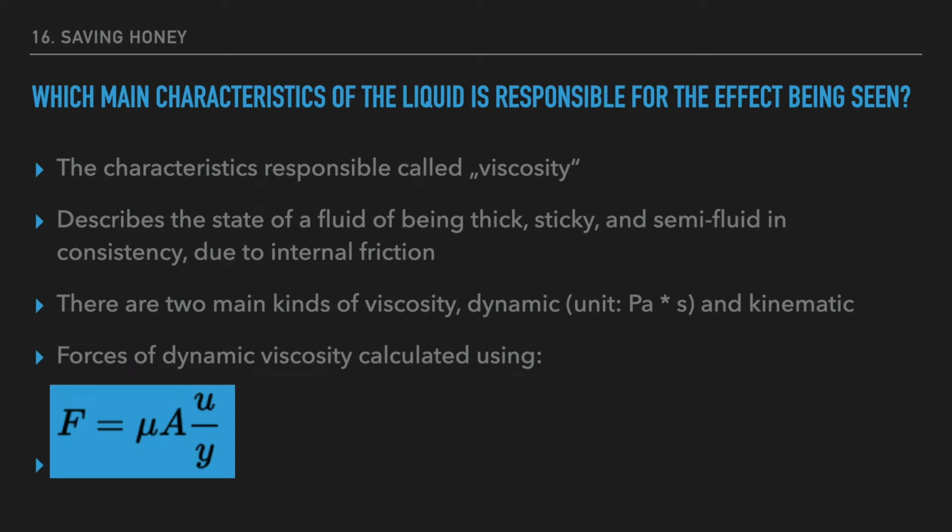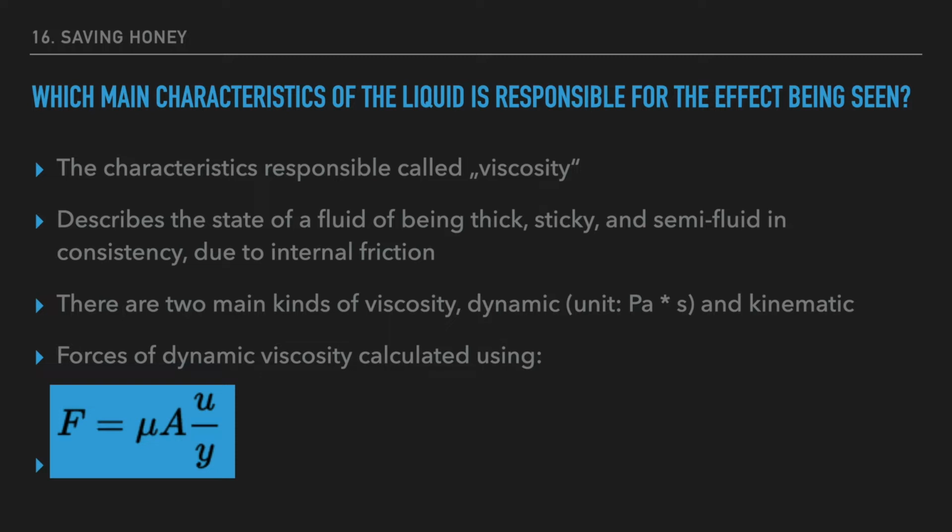Now, which main characteristic of the liquid is responsible for the effect being seen? It's of course the viscosity of the liquid that we use. And viscosity generally describes the state of a fluid of being thick, sticky, and semi-fluid in consistency due to its internal friction and cohesive forces.